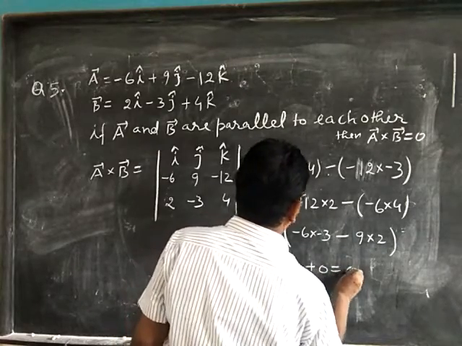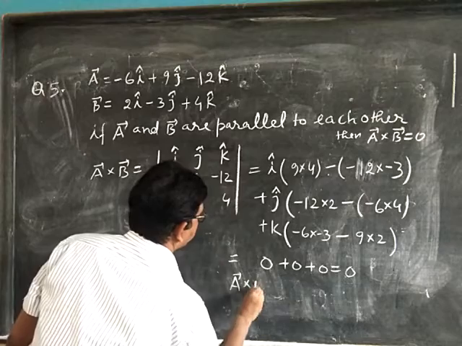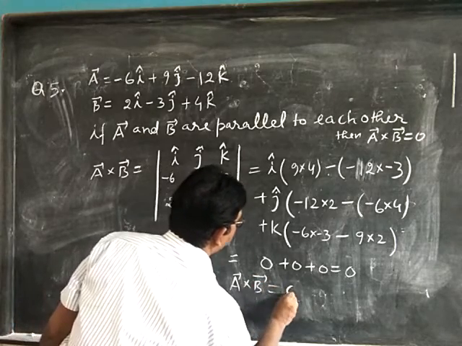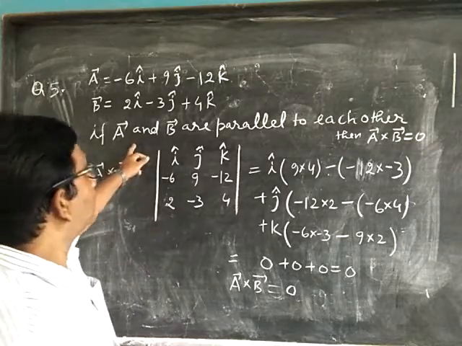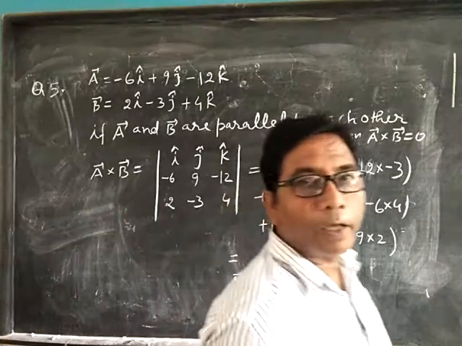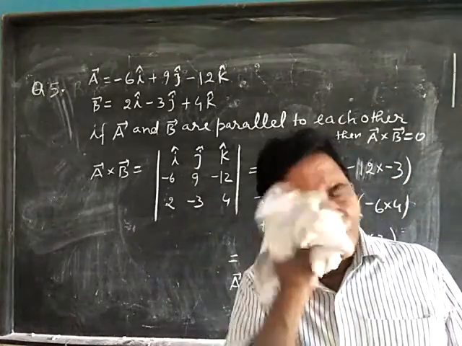Thus vector A cross vector B is equal to 0. This shows that vector A and vector B are parallel to each other.